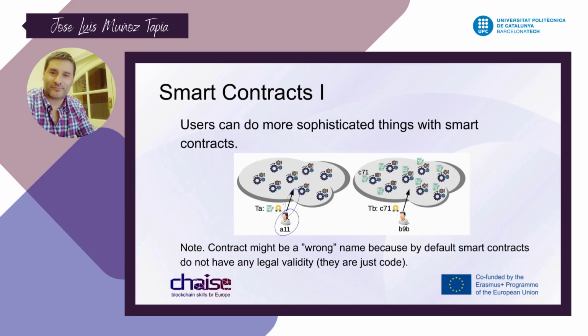The transaction carries the code of the smart contract, and when it is executed, the code of the smart contract appears in all the nodes of the network. In the case of the Ethereum network, which is the one we are going to use as an example, this code is assigned an address like any other address in the system.